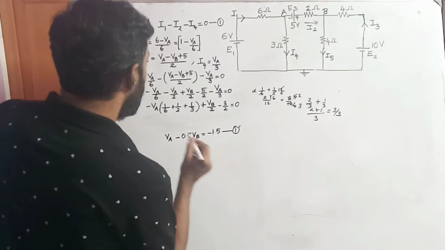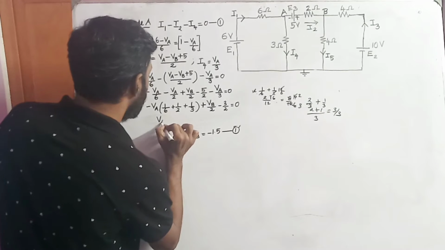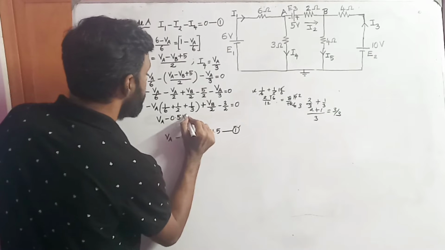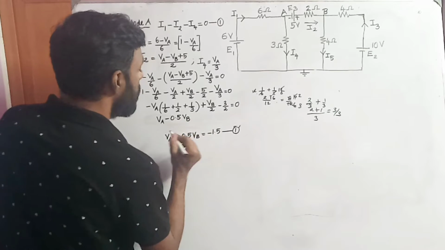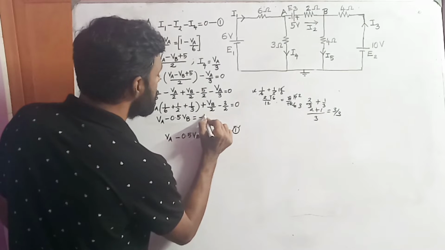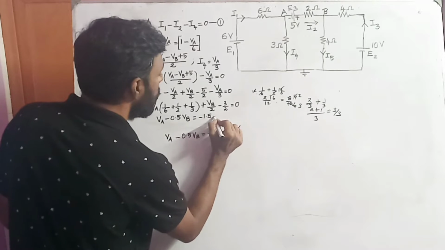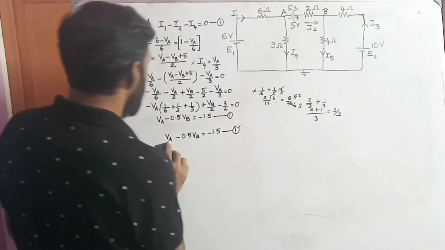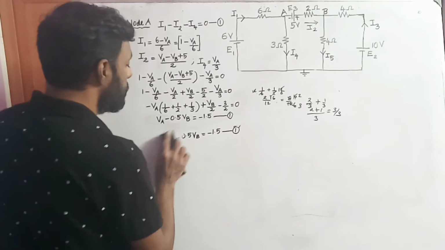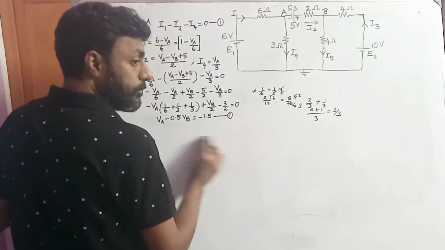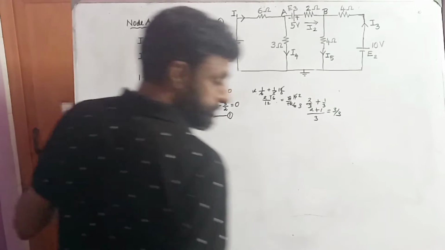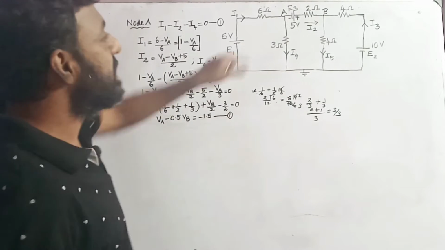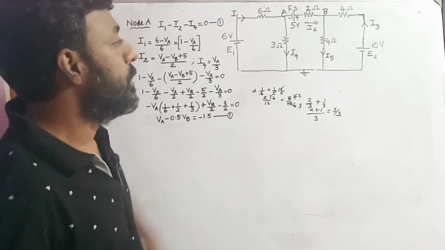So upon simplification, I'll be getting VA minus 0.5 VB equal to minus 1.5, equation number 1. So this is the equation 1 I had formed by considering the node A.